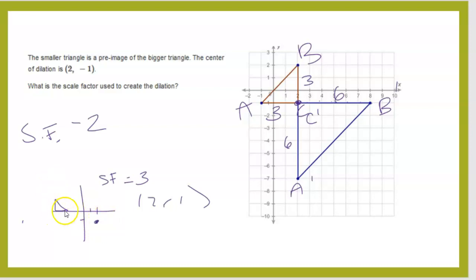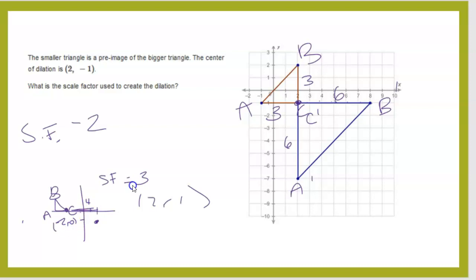And we somehow have to change this shape by a factor of 3. So this is how you would do that. You would find this coordinate point, let's say it's (-2, 0). Say, well, where is it from the center of dilation? Oh, it is 1 up and 1, 2, 3, 4 units long.